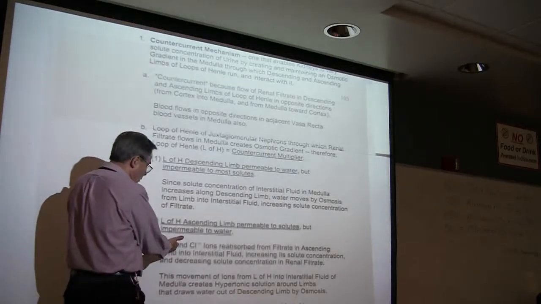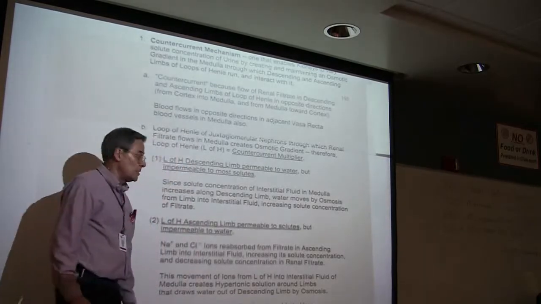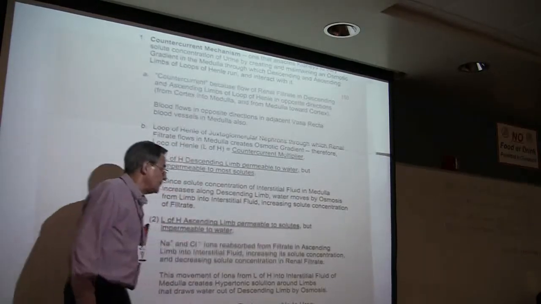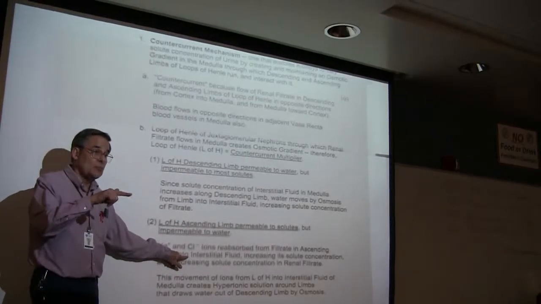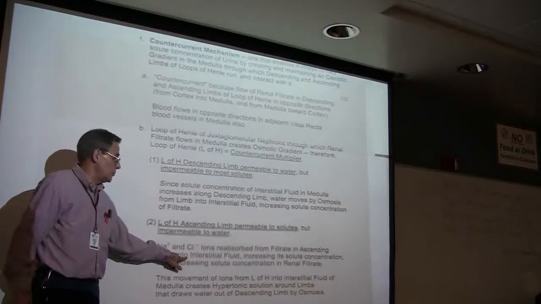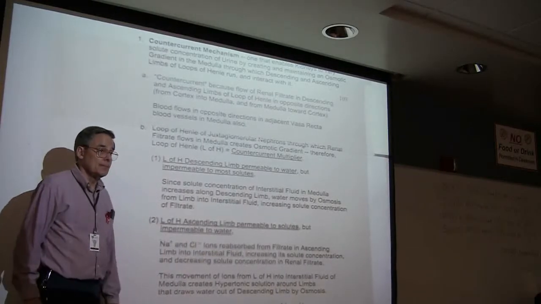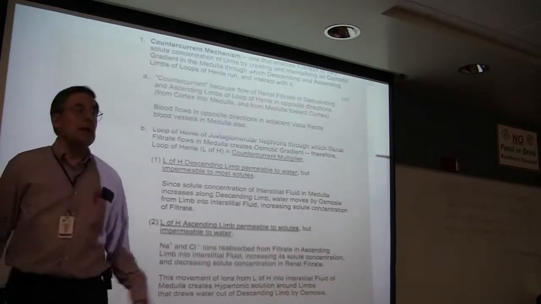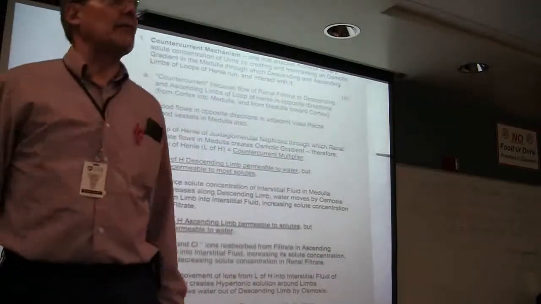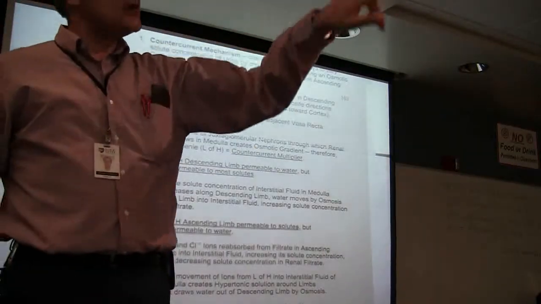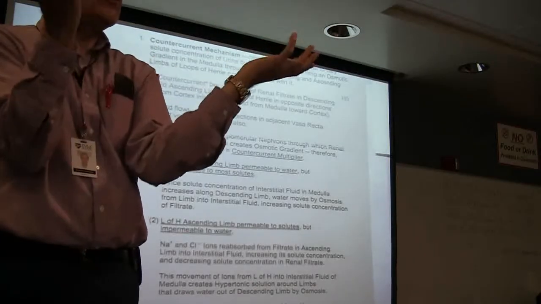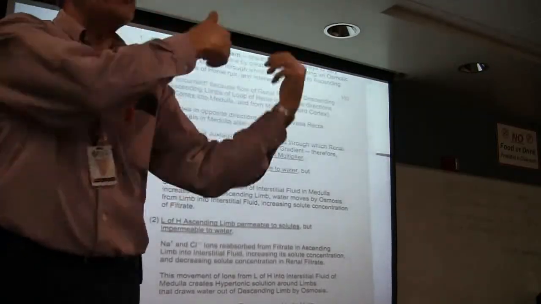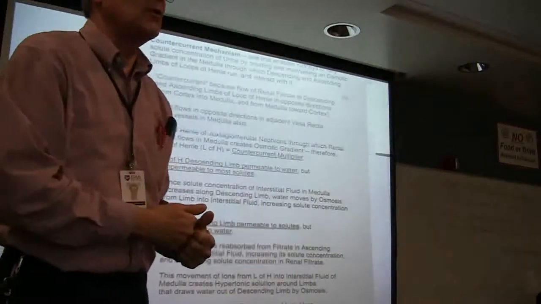So sodium and chloride ions are going to be reabsorbed from the filtrate in the ascending limb, and they're going to pass from the renal filtrate of the loop of Henle into the interstitial fluid in the medulla. What does this do? It creates more of a hypertonic environment. So as the fluid comes down in the descending limb, it's exposed to this hypertonic interstitial fluid surrounding the loop of Henle, and it's pulling that water out passively by osmosis.